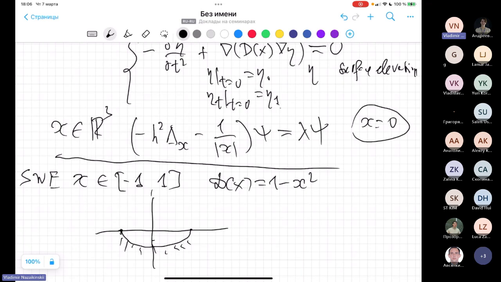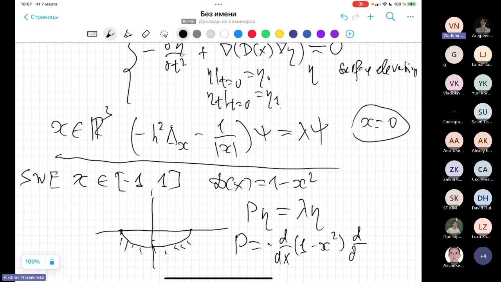We consider waves here, and if we have steady state waves, then we deal with the eigenvalue problem for this operator: P eta is lambda eta, where P is minus d over dx, 1 minus x squared, d over dx.